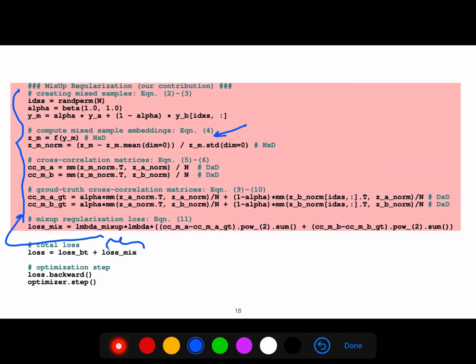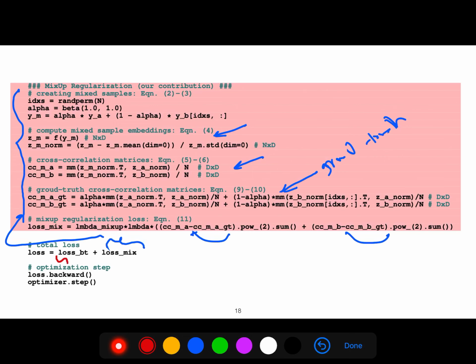Here you compute the embeddings, and then here you calculate the cross-correlation matrices, those two matrices that I told you about for A and B. And then because you know the ground truth, you can just say it shouldn't go too far from the ground truth. So this is a good way to regularize and make sure we don't overfit.